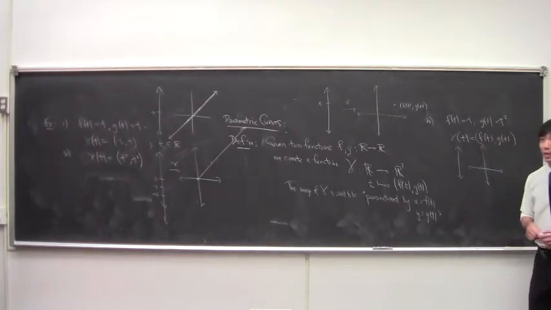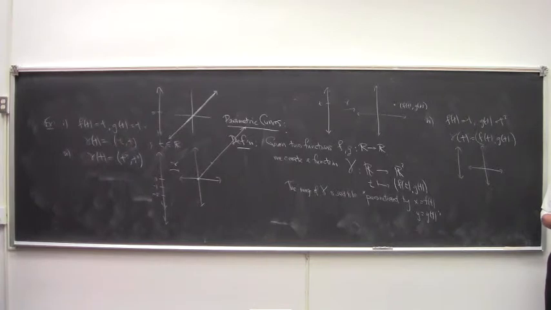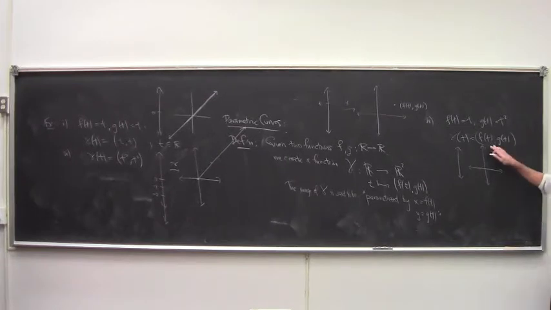So why do you say that? Because if it were in, what do you call that system, Cartesian, f of t would be x and g of t would be y. That's right. So you're squaring the x values, which gives y equals x squared. That's true. So you notice that there's a relation between the x value and the y value, namely that the y value is the square of the x.